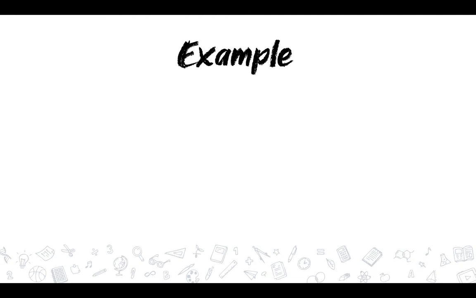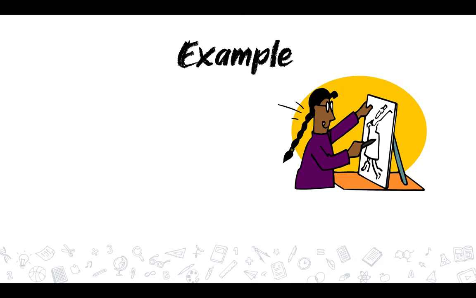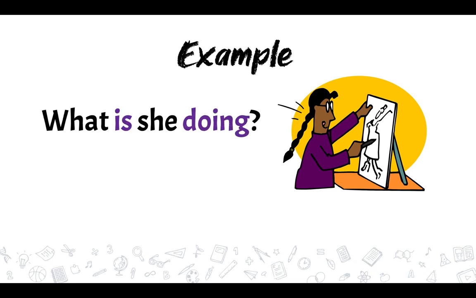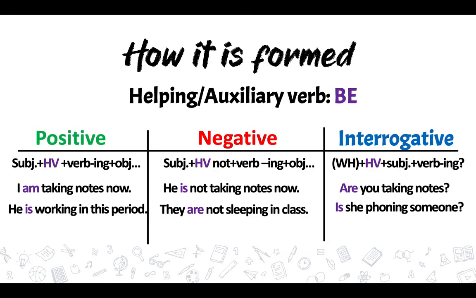So let's look at an example. So we have this girl, and the first thing that I want to ask is, what is she doing? Somebody else will answer with the same tense. She is drawing a picture at the moment. Great, she's drawing a picture at the moment. Now, you know that every tense in English needs an auxiliary verb, right? Or a helping verb.